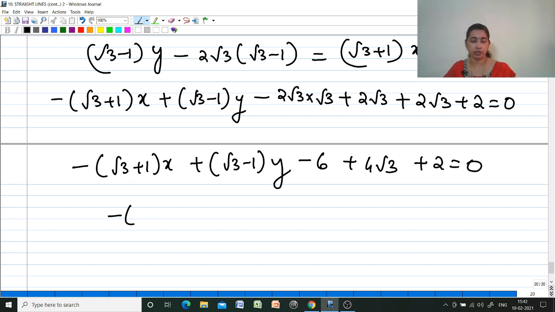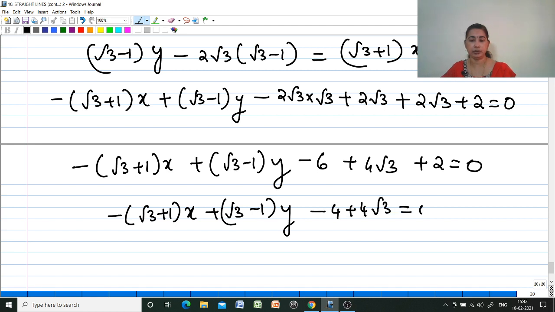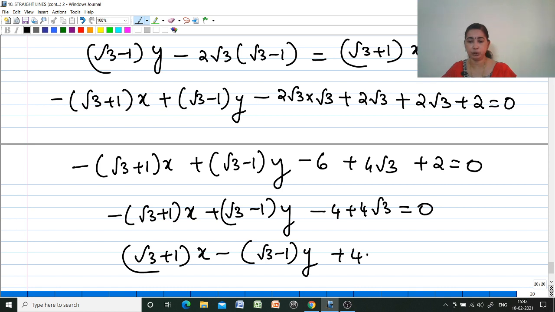So minus of root 3 plus 1 into x plus root 3 minus 1 into y, then minus 4 plus 4 root 3 is equal to 0. Taking throughout multiplying by a minus sign, we can write it as root 3 plus 1 into x minus root 3 minus 1 into y, then plus 4 minus 4 root 3 is equal to 0.